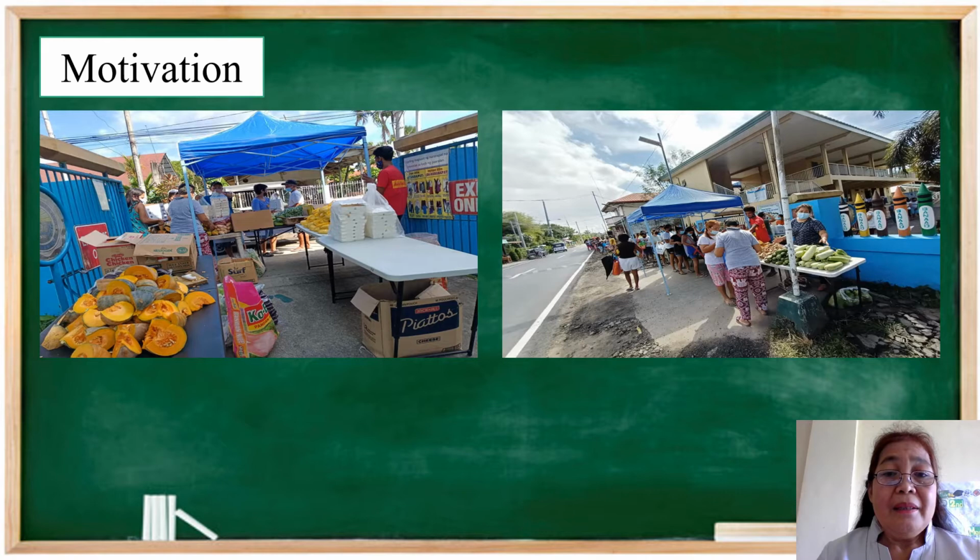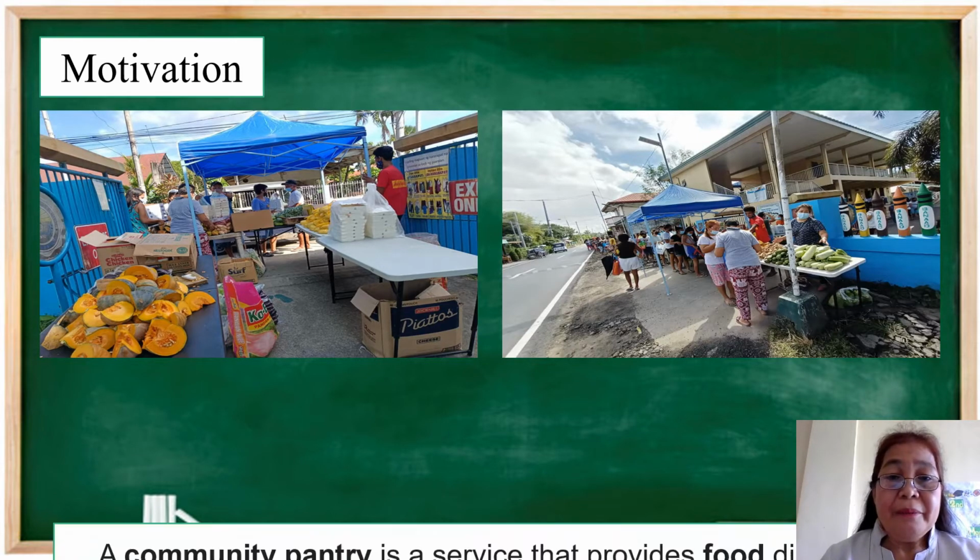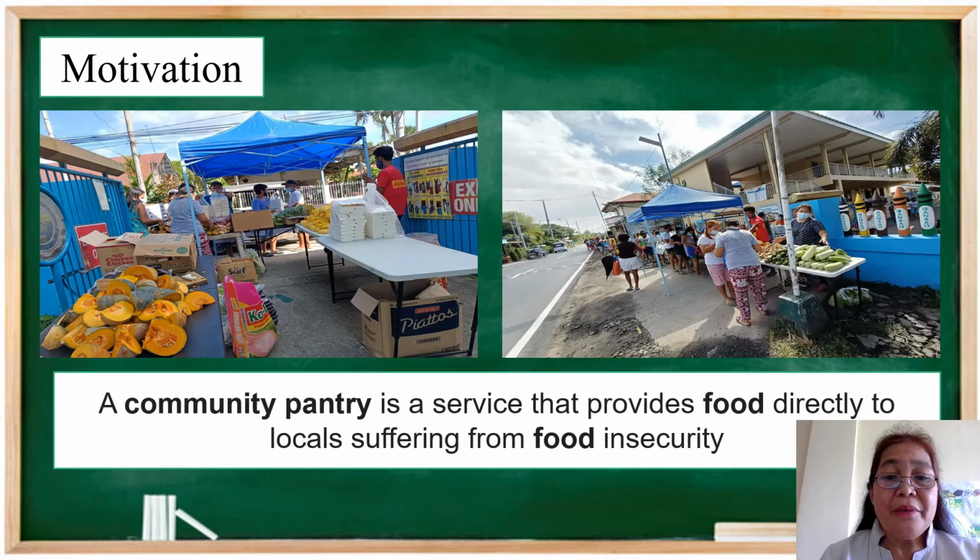There are many foods, fruits, vegetables, and many other supplies. Community pantry is a service that provides food directly to locals suffering from food insecurity. The school decided to have a community pantry to give service to our neighborhood.